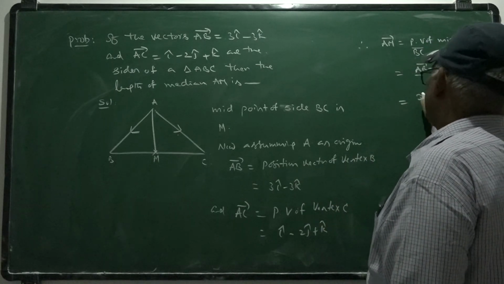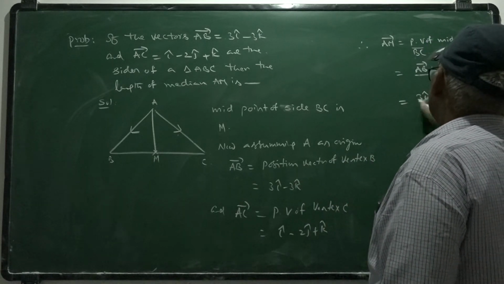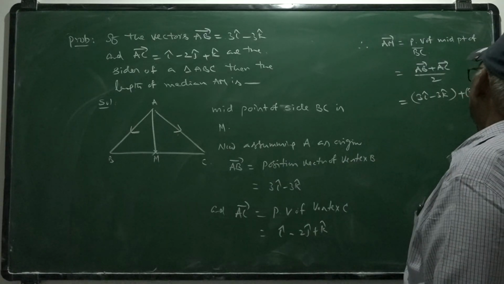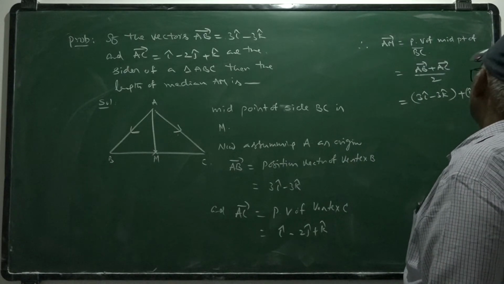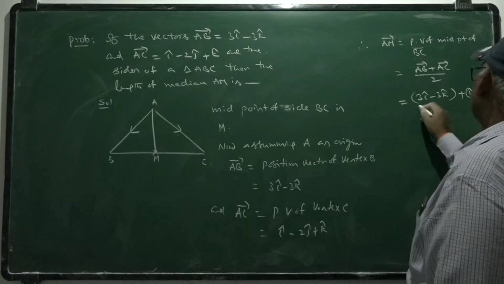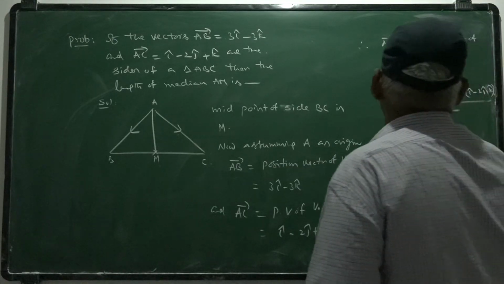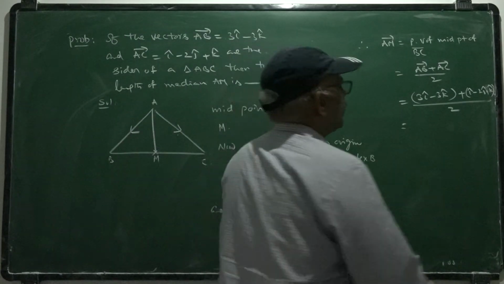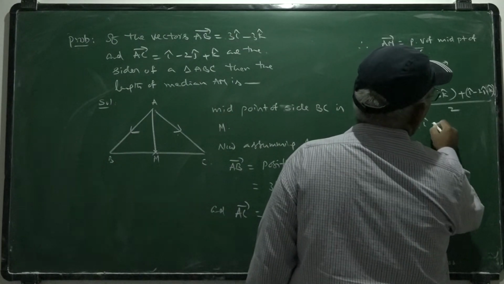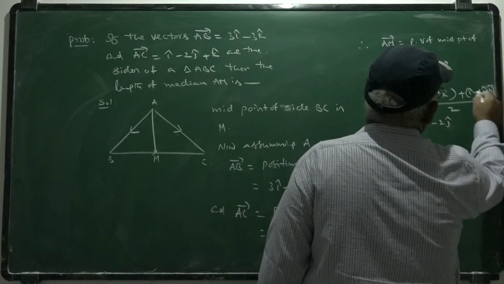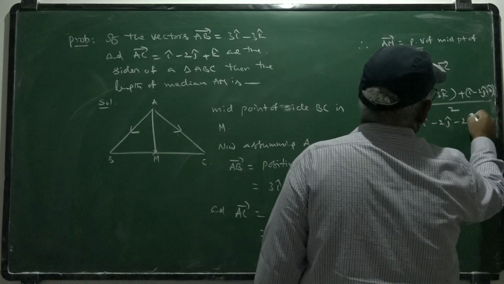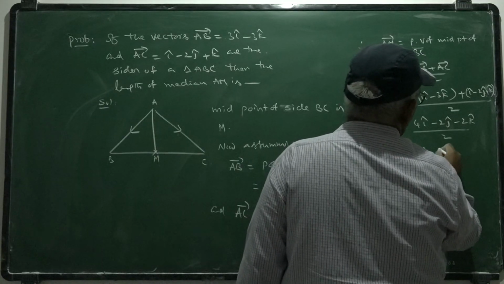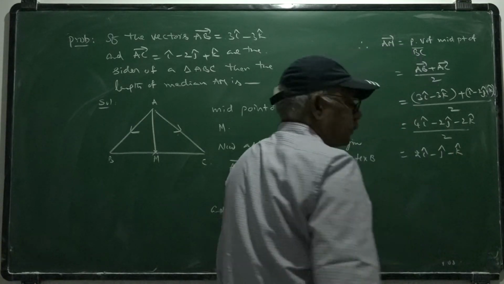Adding these two vectors, we get 3i minus 3k plus i minus 2j plus k by 2. It gives us the position vector of the midpoint of side BC, which is 4i minus 2j minus 2k by 2, which is 2i minus j minus k.